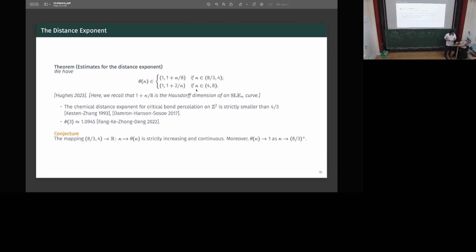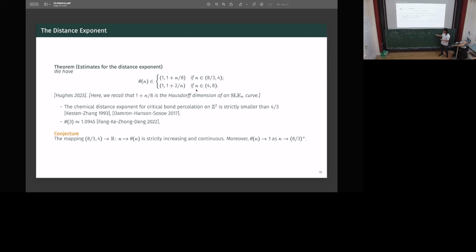And then we want to conjecture that this theta is strictly increasing in kappa and it's continuous. And also, as kappa goes to 8/3 from the right, this theta goes to 1.